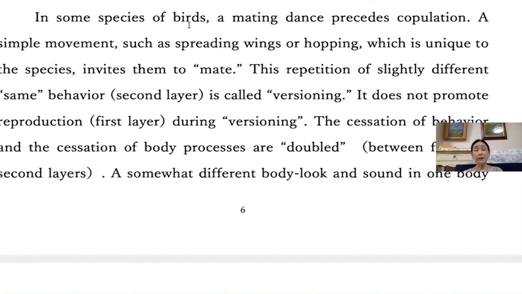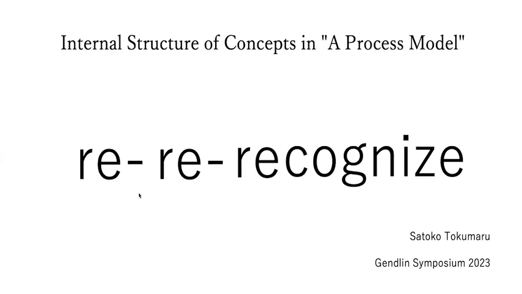In some species of birds, a mating dance precedes copulation. A simple movement, such as spreading wings or hopping, which is unique to the species, invites them to mate.